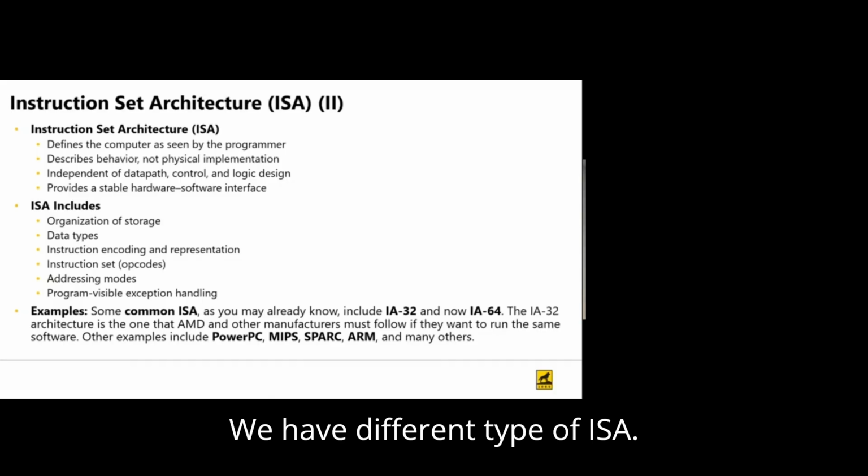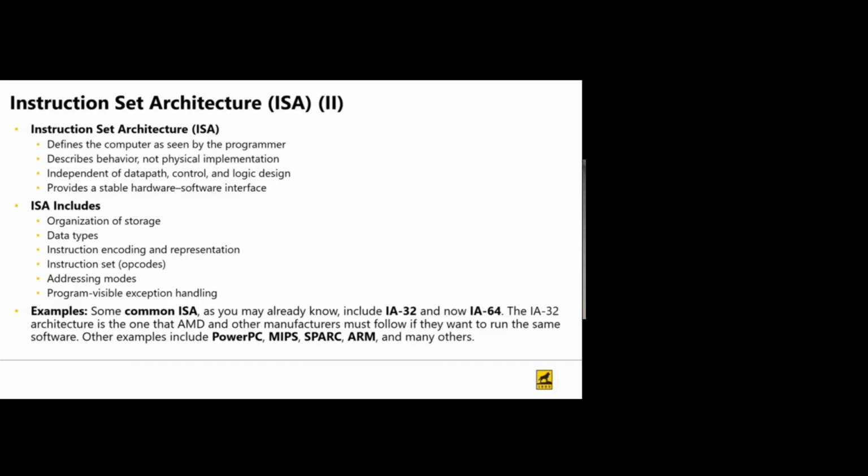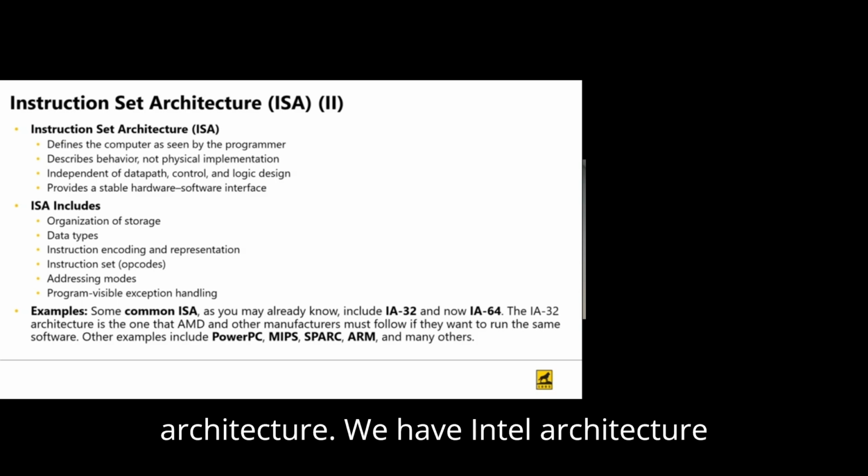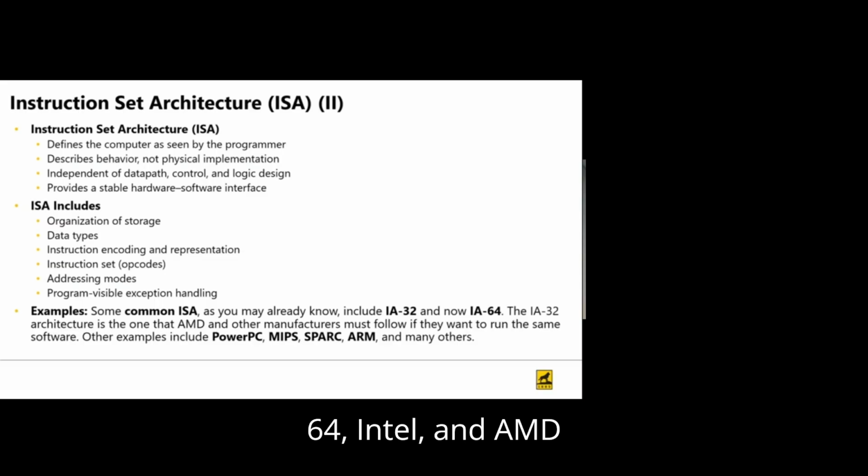We have different types of ISA. For example, we have IA32, Intel architecture. We have Intel architecture, 64, Intel and AMD using this ISA. They can switch between 64 or 32.